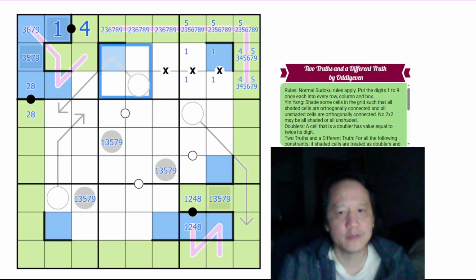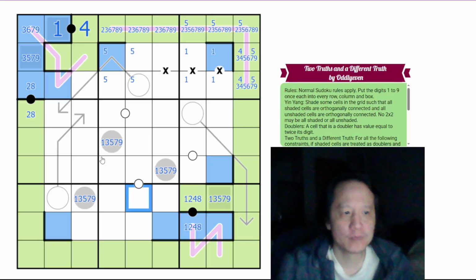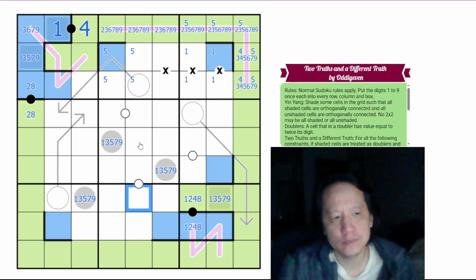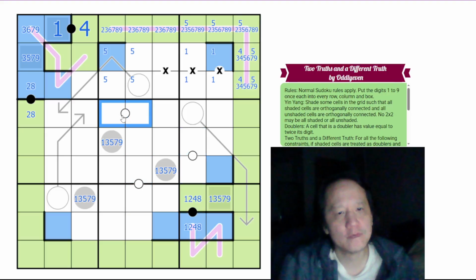And 5 has to be one of these 4 digits here. So 5 is one of these 4. You have to have at least one odd in each of these white crocky dots, but we don't know which.